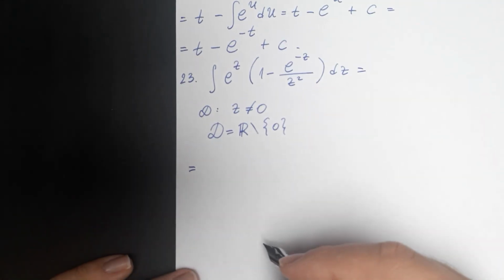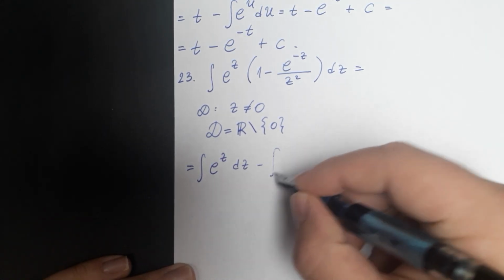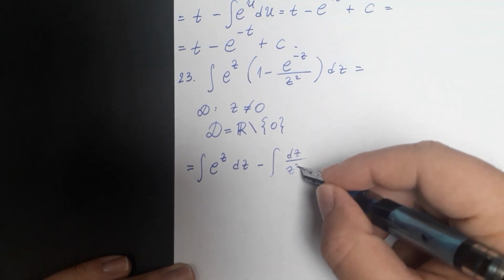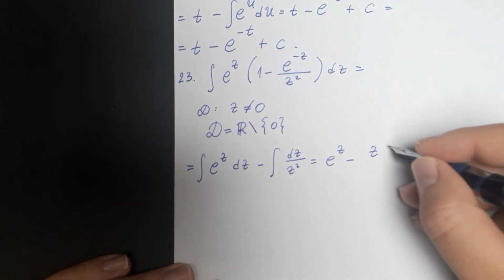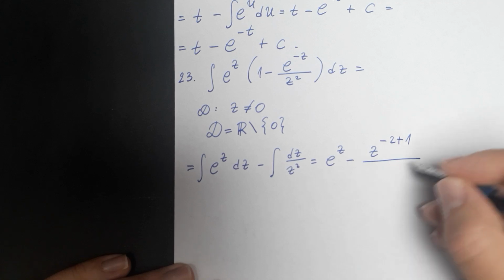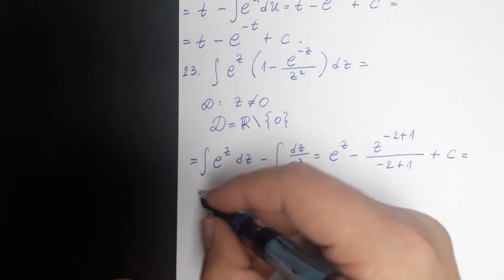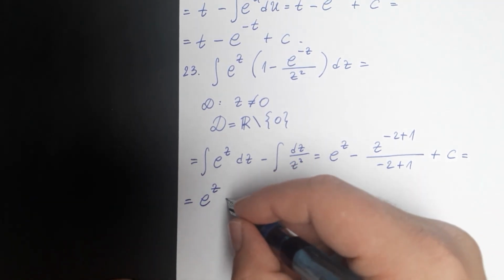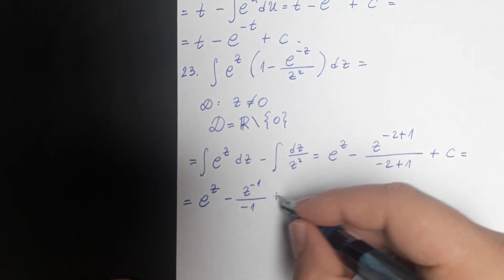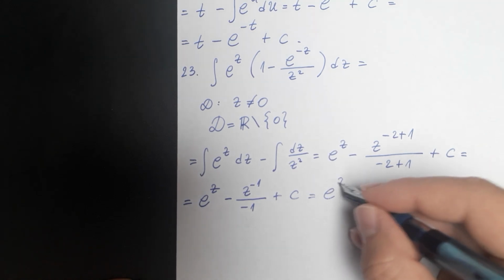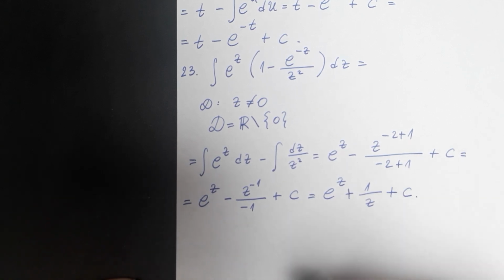This is then equal to integral of e to the power z dz minus an integral of dz divided by z squared. This is equal to e to the power z minus z to the power minus 2 plus 1 divided by minus 2 plus 1 plus c, which is then equal to e to the power z minus z to the power negative 1 divided by negative 1 plus c, which is equal to e to the power z plus 1 divided by z plus c.